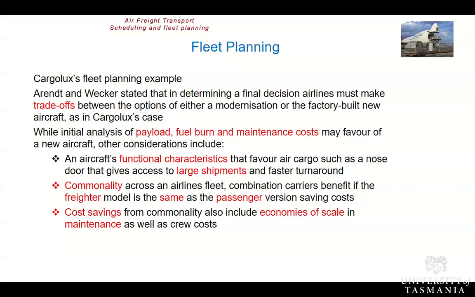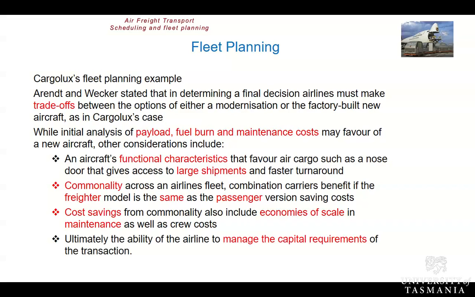We could also see that there were cost savings by virtue of economies of scale in terms of maintenance and fuel costs and crew costs. Ultimately the ability of the airline to manage the capital requirements of the transaction was the deciding factor.